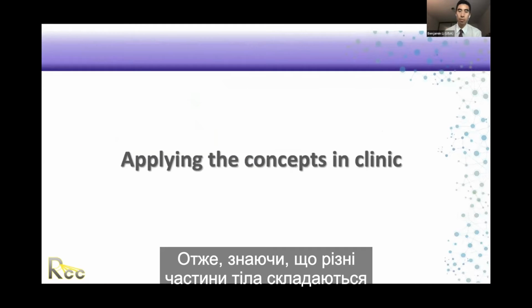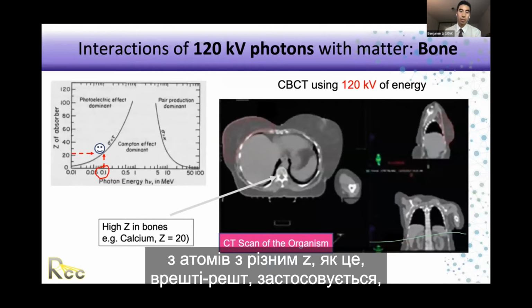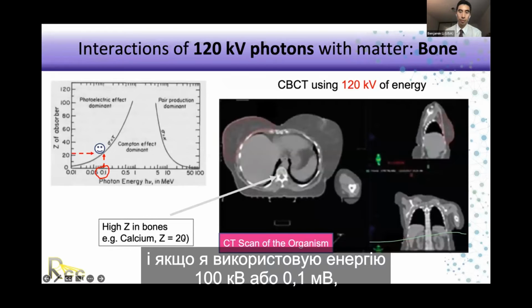So knowing that different parts of the body are comprised of atoms with different Z, how does this finally get applied? So calcium helps comprise bones. Calcium has a high Z, a Z of 20.